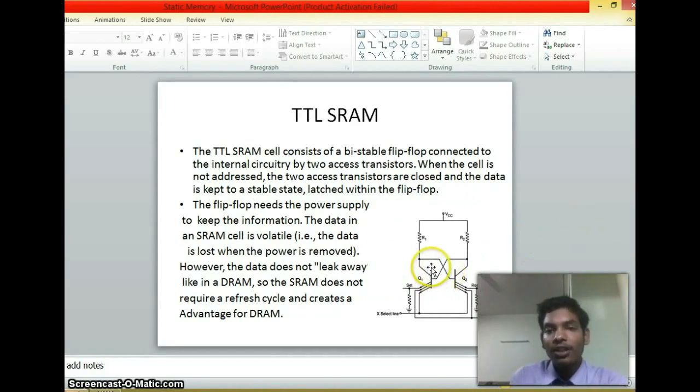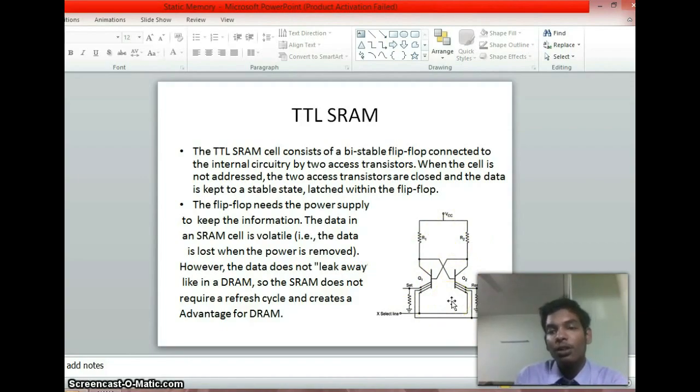Now let us go in brief through the TTL SRAM. TTL SRAM consists of two bistable flip-flops that are connected to the internal circuitry with these transistors, and they are closed in a very stable state. So when there is no addressing of data, or when no information is passing through this SRAM, these two transistors are closed and the data will be at a stable state.